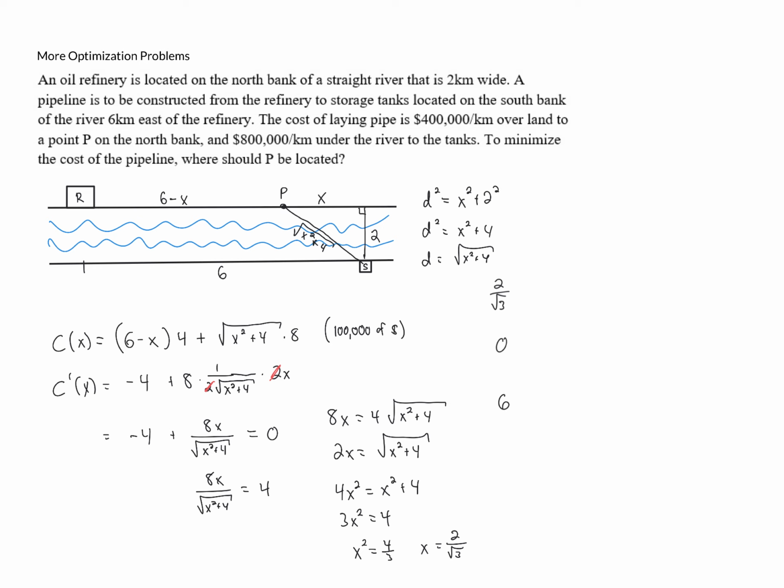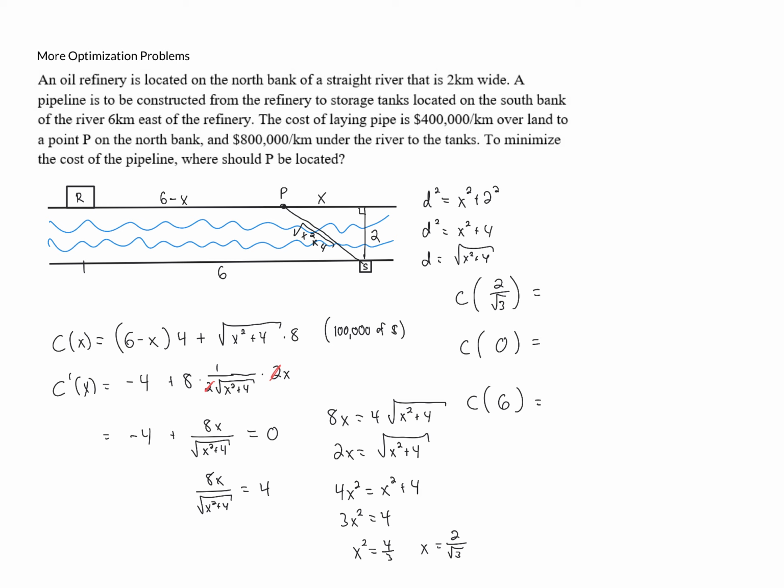And so we need to look at the cost function for each of these values and see which one gives us the minimum cost. So I think c of 0 is probably going to be the easiest to calculate. I'm going to start there.